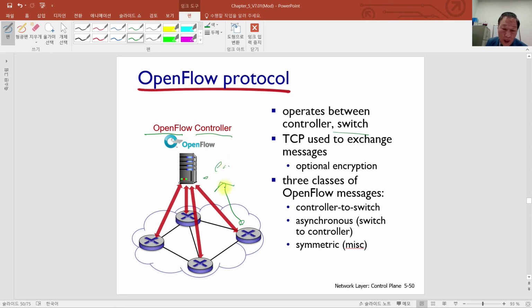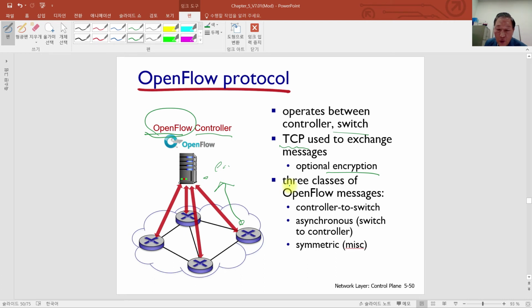Those information can be provided, all based on this OpenFlow protocol. And here TCP is being used to exchange messages. Optionally, we can use encryption for security. Also, that is very important.